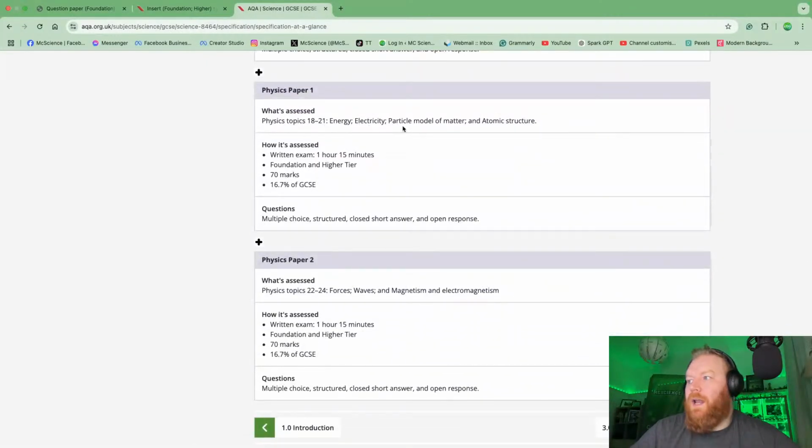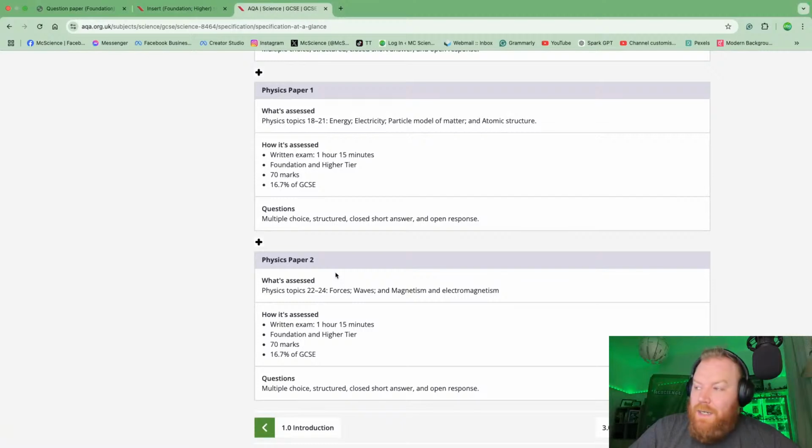We've got energy, electricity, particle model, atomic structure, forces, waves, magnetism, and electromagnetism in paper two. So when you are going through the exam period, you can target your revision to these specific things, these specific question types.